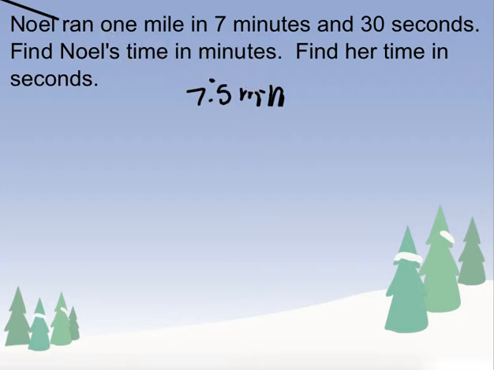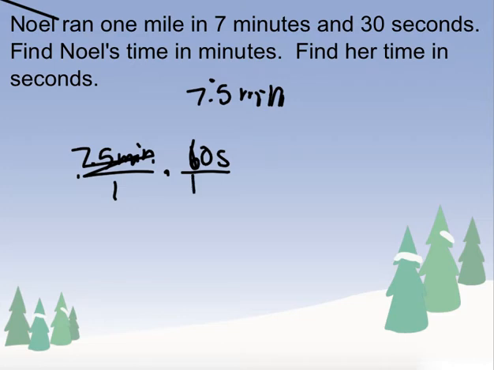One way is to take my 7.5 minutes over 1 and multiply by 60 seconds for 1 minute. My minutes go away, and I multiply 7.5 times 60. When I do that, I find I have 450 seconds.